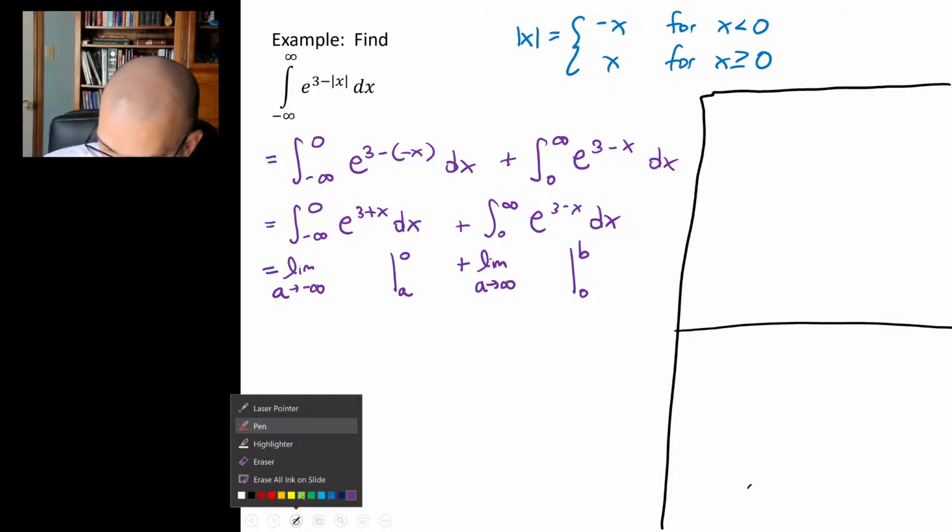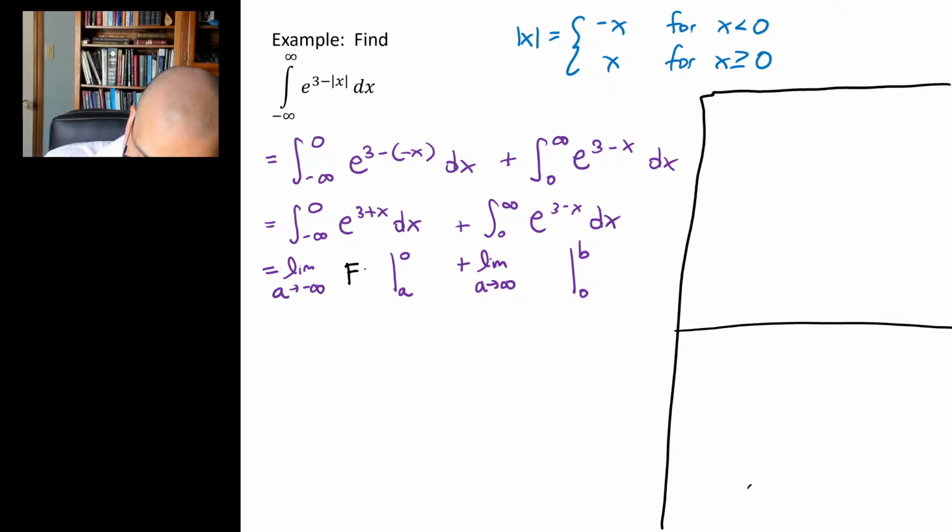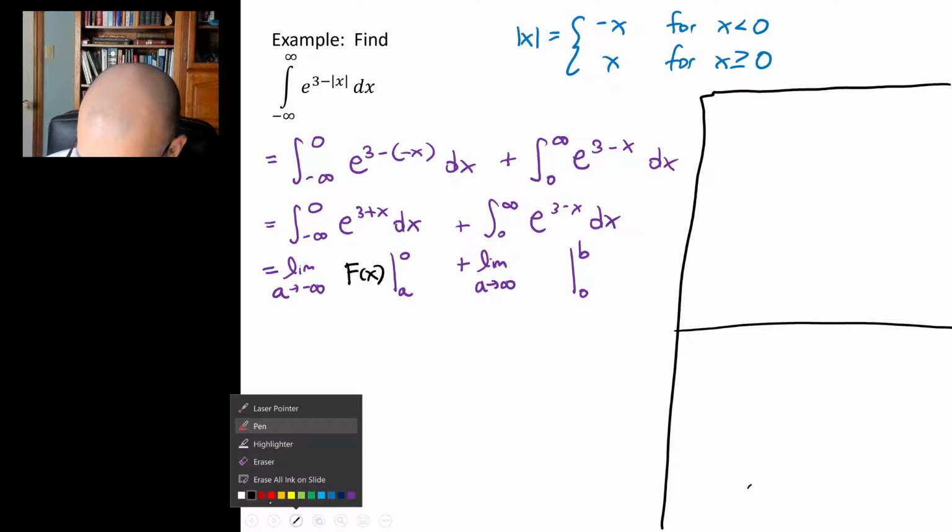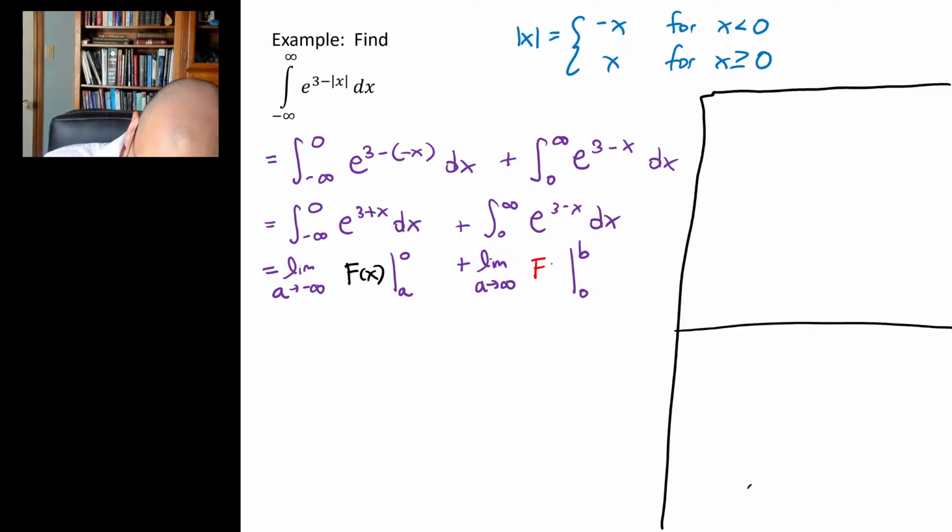And I'm going to use colors. I'm going to say this first one is capital F of x in black, and the second one is capital F of x in red. Oh, and this should be a B, not an A.